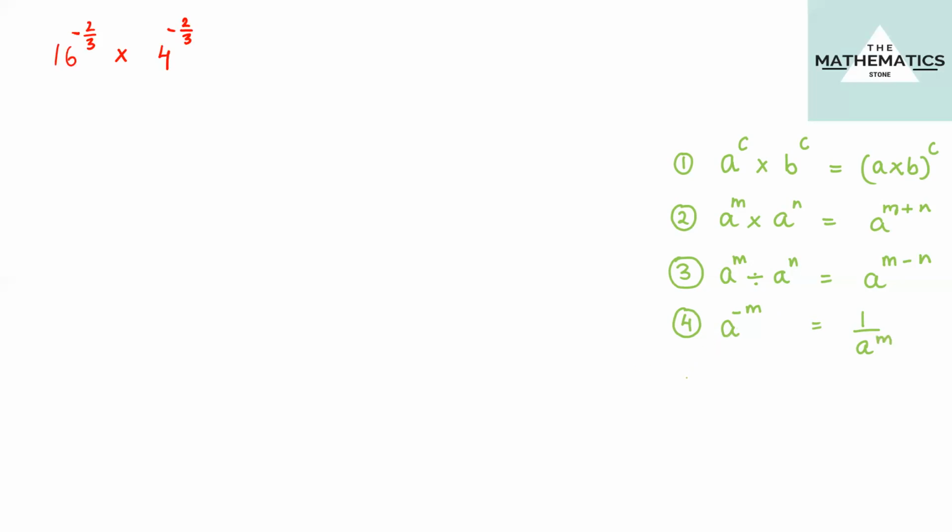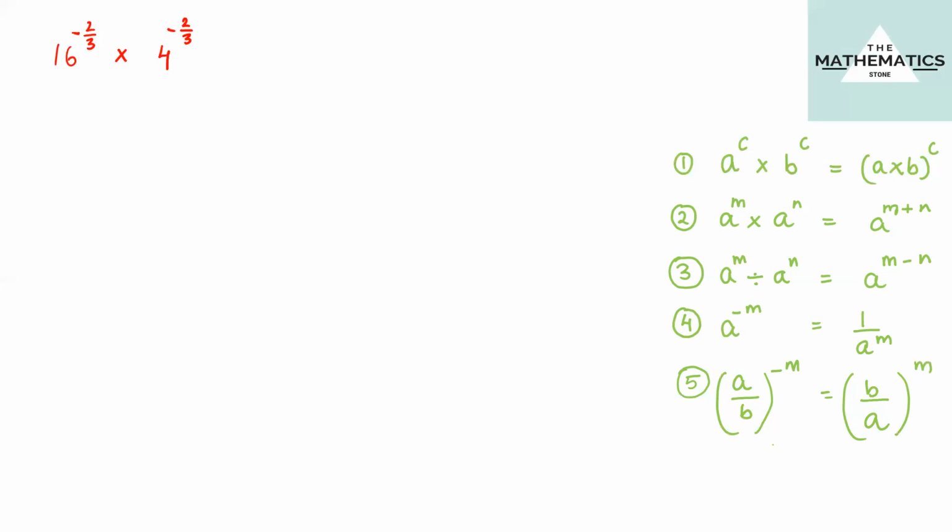What if you have a negative exponent in the case of a fraction? Let's say you have a over b raised to a negative exponent. So you will flip the fraction, a over b will become b over a, and the exponent will become positive.